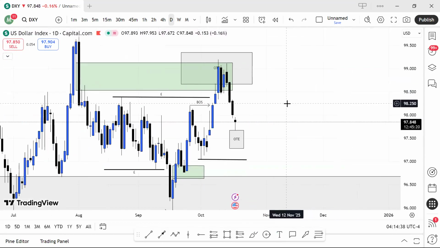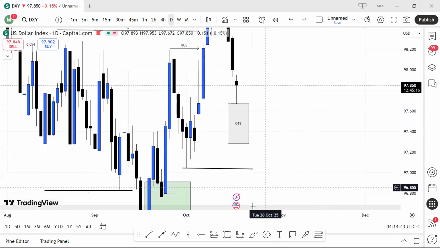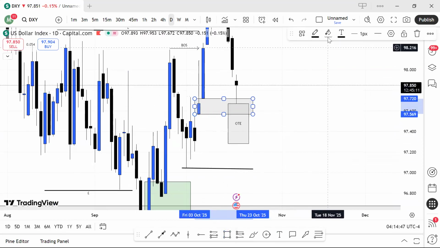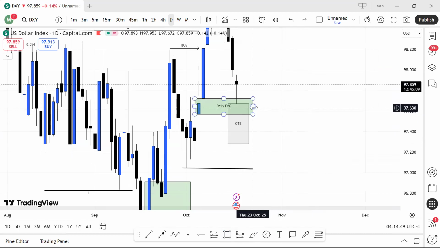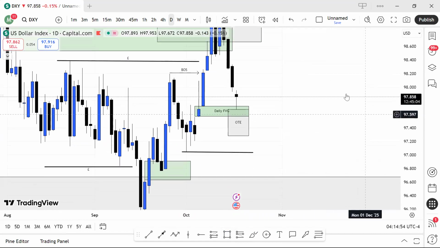And for me, we are respecting this daily bullish value gap that is resting here, that is aligned with the OTE zone.